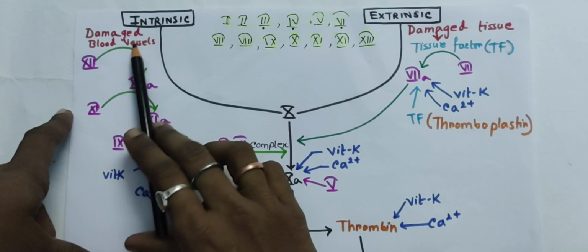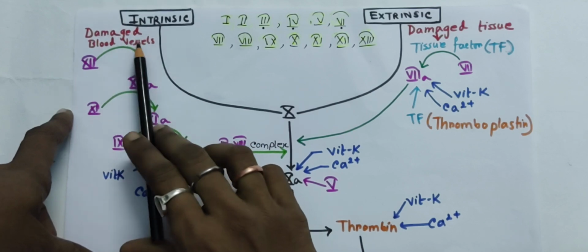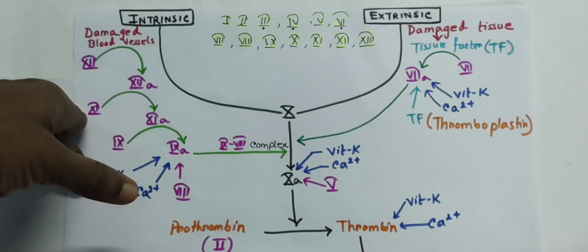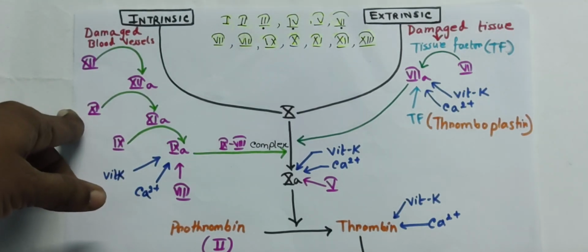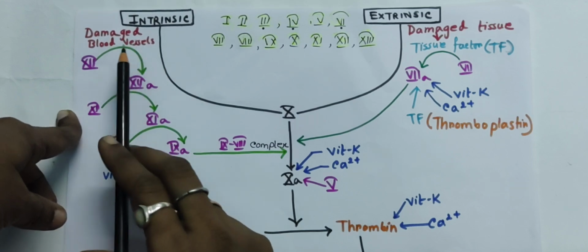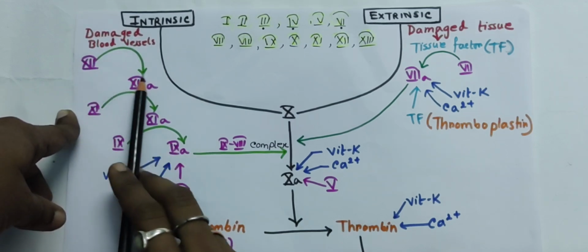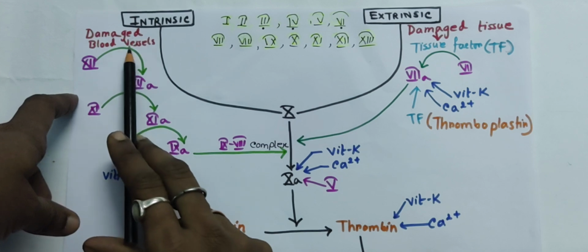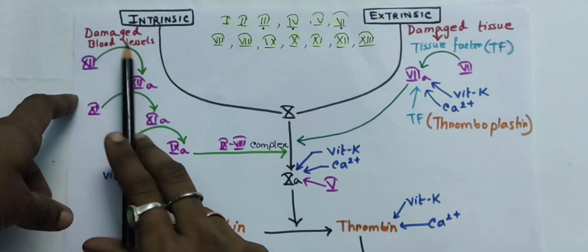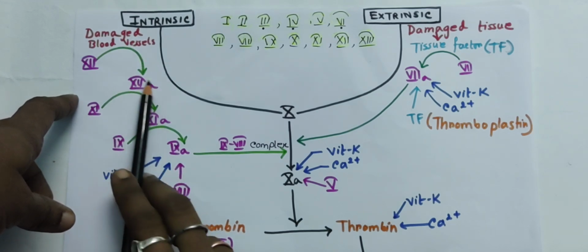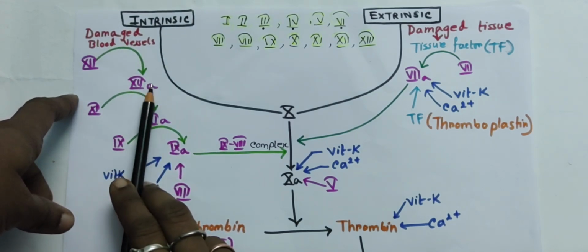So here, the damaged blood vessels which have the collagen, the presence of platelets, these three together activate factor 12. Factor 12 is inactive, and by the presence of the collagen and the platelets, it gets activated and forms activated 12.